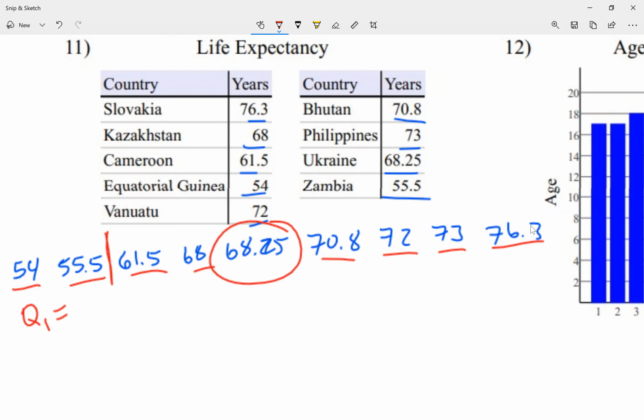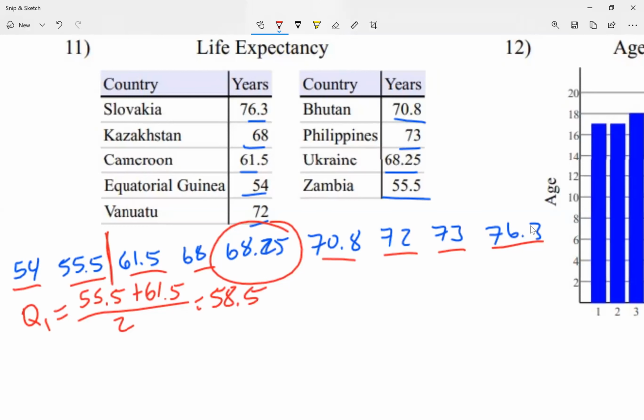We don't know, so we're gonna add these numbers. 55.5 plus 61.5 divided by 2 gives me 58.5. All right, decimals are fine. So that's my lower quartile.